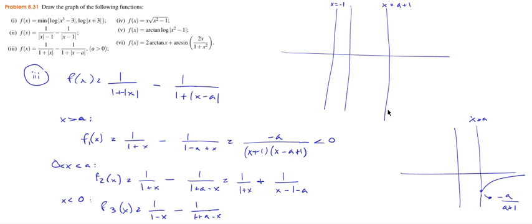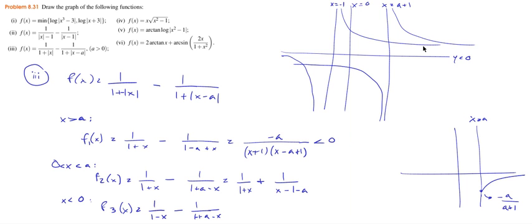So we have the sum of these two functions, right? This is going to be like this, and this is going to be like this, something like that. This is 0, and this is y equals 0.